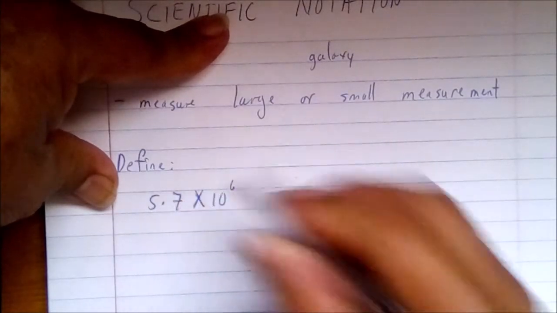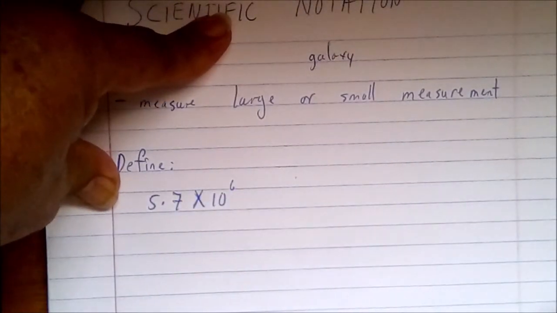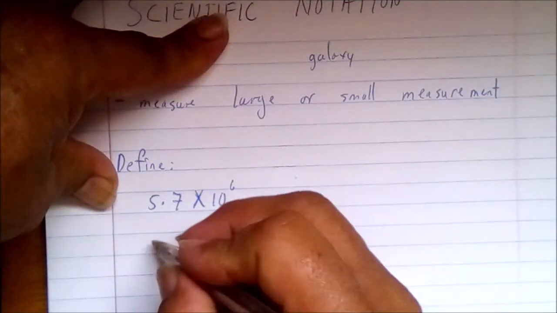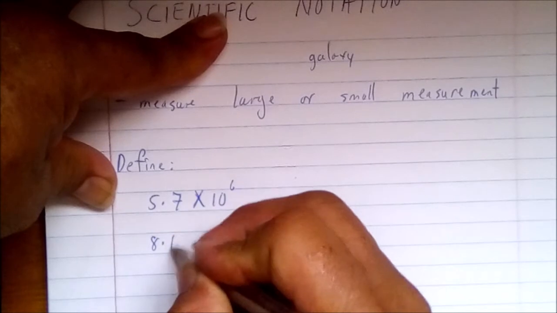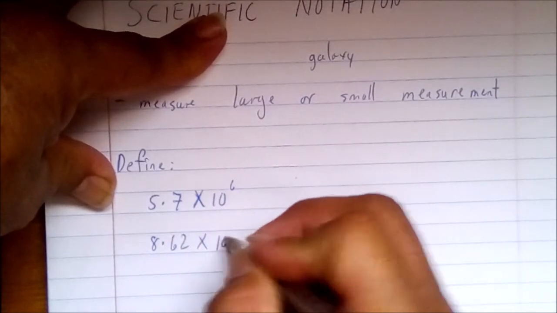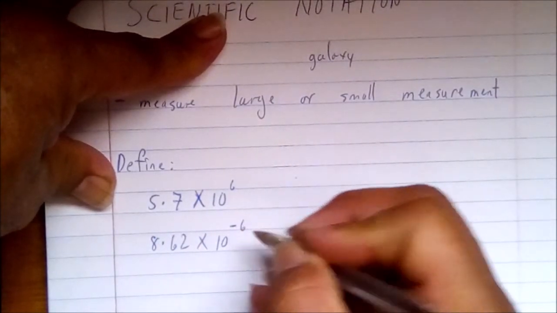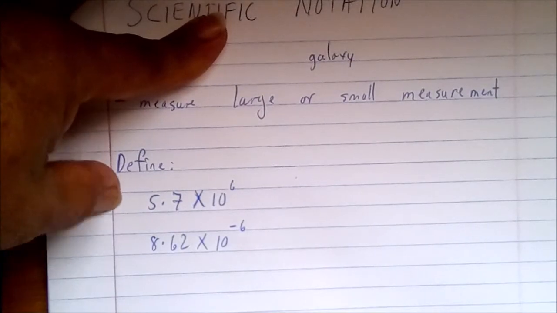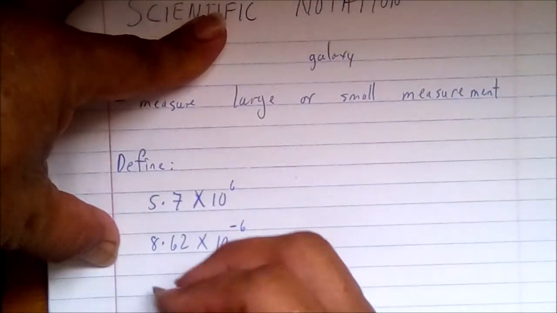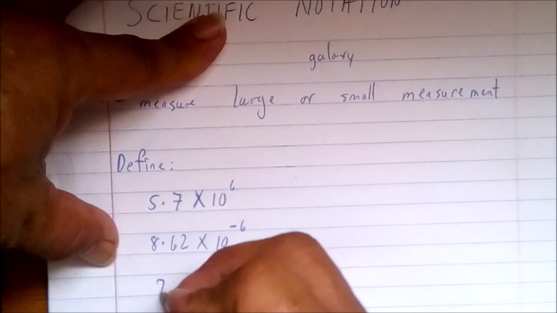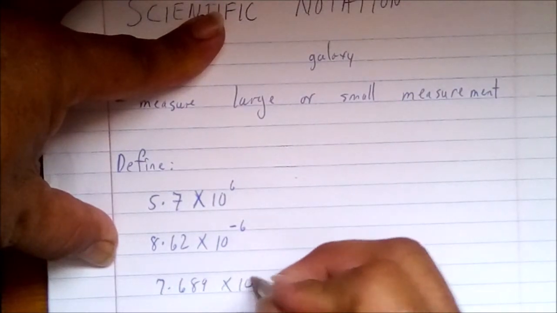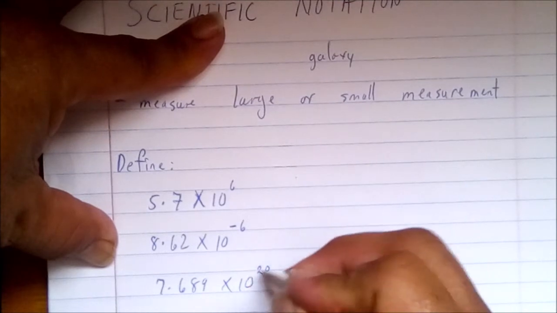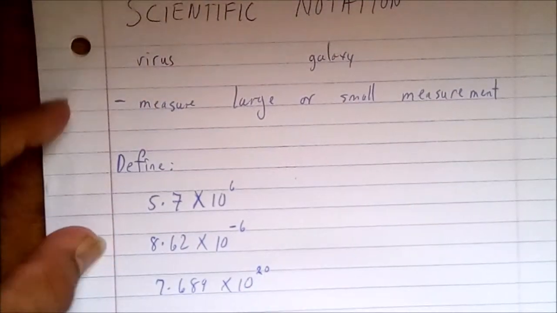What does that mean? Or another number, say 8.62 times 10 to the negative 6th power. Or we may have, say, 7.689 times 10 to the 20th power. What does all that mean?